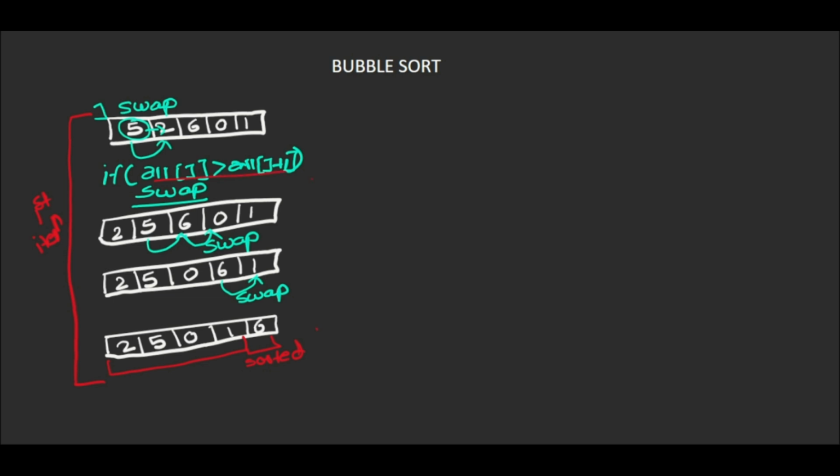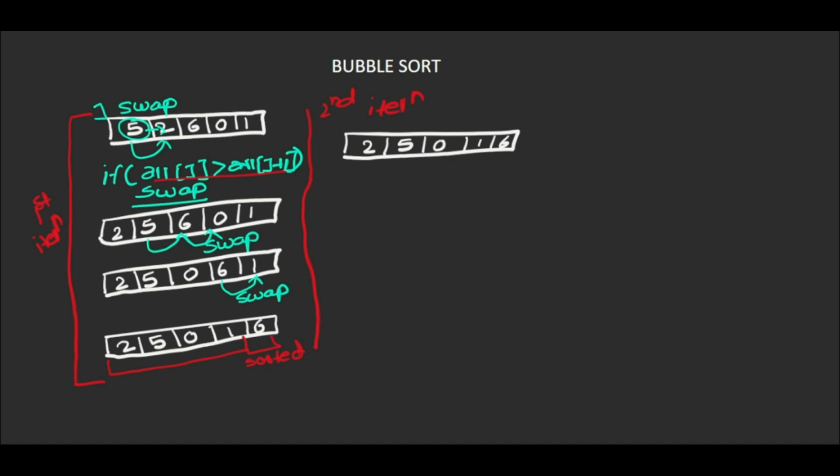Now we will move towards the second iteration. Our array was something like this: 2, 5, 0, 1, 6.